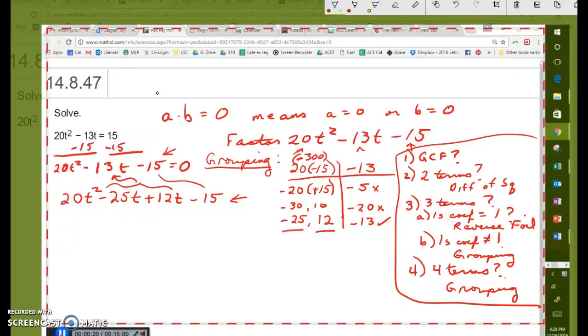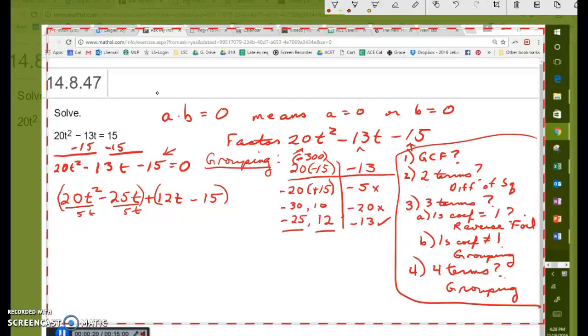Okay, let me get rid of these extra marks so that it doesn't clutter up everything. Alright, so now once we have the middle term broken out like this, this sets us up to be able to group. You draw parentheses around the first two terms and parentheses around the last two terms. In the first two terms, we pull out the common factor. The common factor is 5t. 5t goes into both of these.